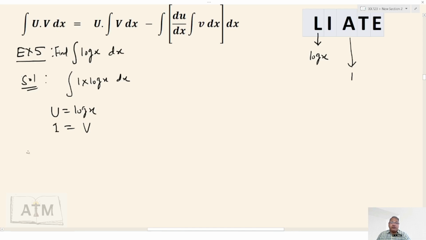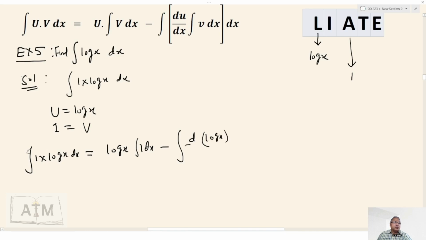Now we fit into the u into v formula: 1 into log x with respect to x, that is u, nothing but log x, integration of 1 with respect to x, minus integration of derivative of log x with respect to x and integration of 1 with respect to x. Box is closed here.